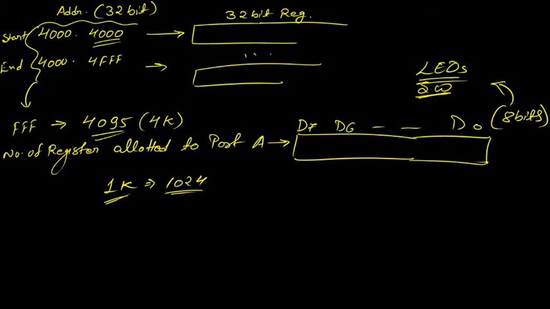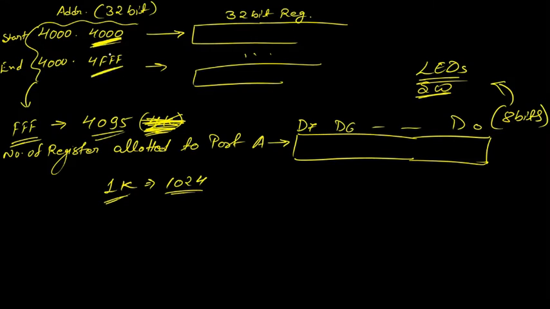So total registers would be 4K into 32 bits? No, registers are this much, FFFF. How can you say if there are 4K bits, it becomes 4K registers? I'm not saying 4K bits. Let me make it like this: 4095 registers, is it okay now? See here, the starting address is 0000, and the ending is here.